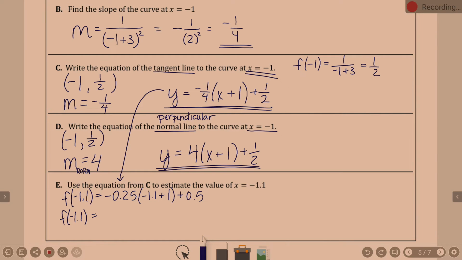Think about this. 1 times 25 is 25. You've got two decimal places here and a third one from the 0.1. So that's going to make that 0.025, plus the 0.5 makes it 0.525.